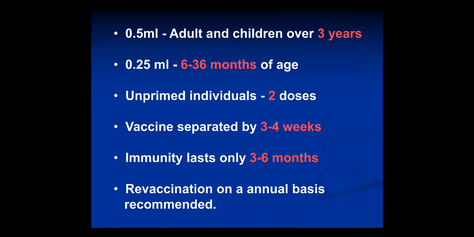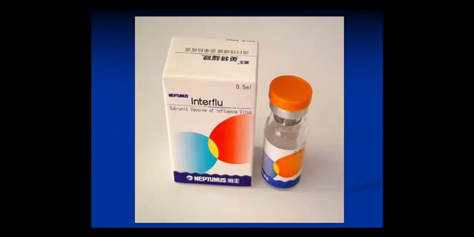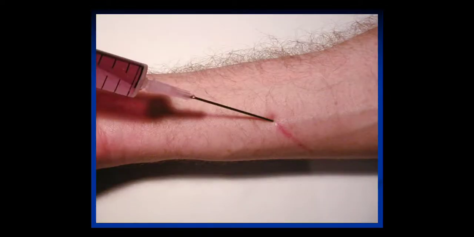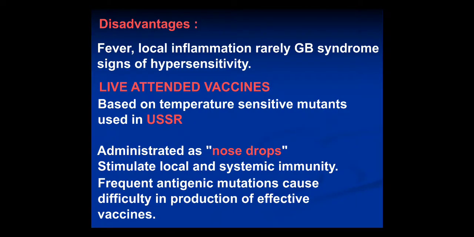And these are some of the specifications you can think of, and you can see this is for flu vaccination, subcutaneous injections. Coming to disadvantage. What is disadvantage? Fever, local inflammatory reaction, rarely Guillain-Barré syndrome, signs of hypersensitivity will be there.